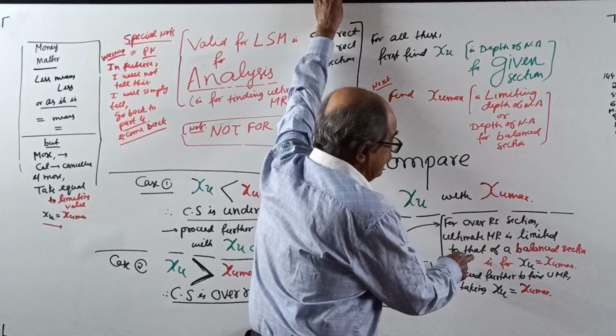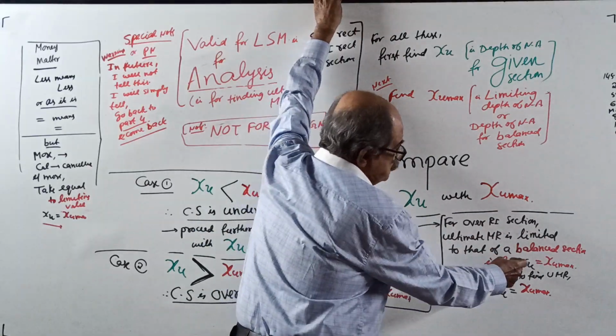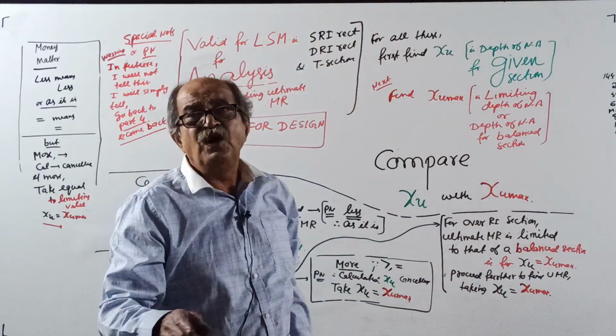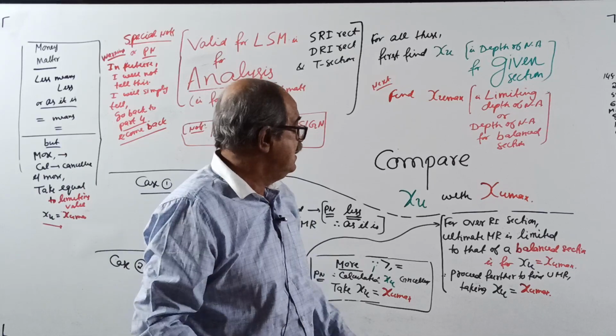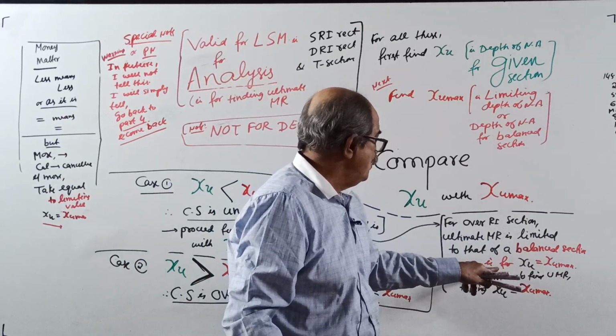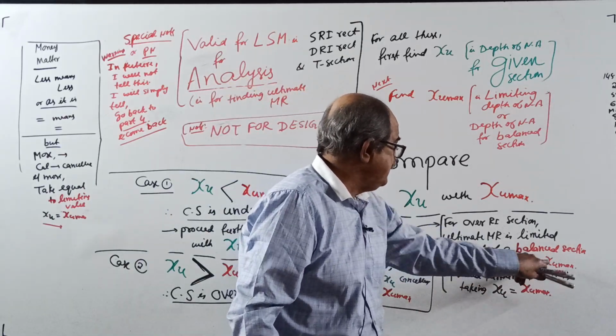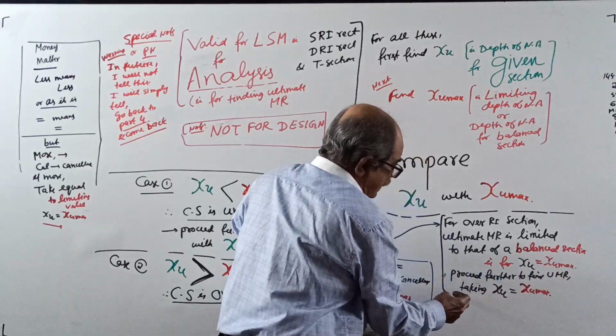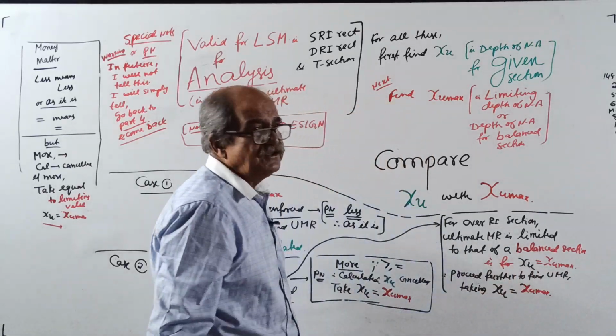That much you write for analysis problem. For XU equal, therefore, you find MR not for whatever XU is calculated; limit it to XU max. So for all further calculation, take XU equal to XU max. Proceed further to find UMR, taking XU equal to XU max.